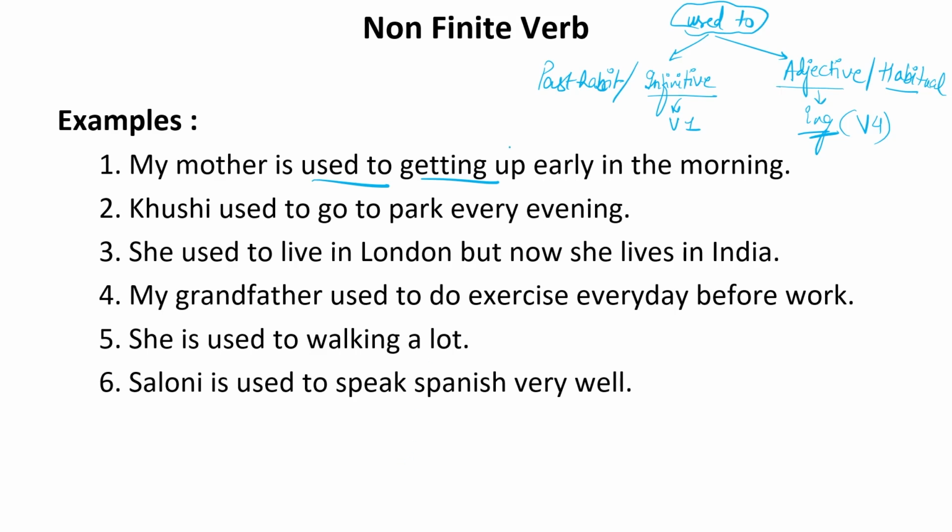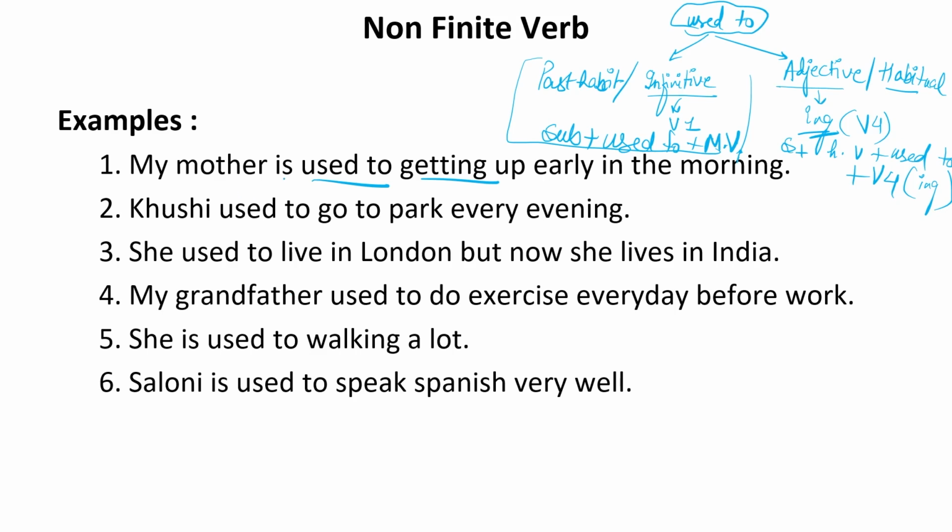The pattern followed in the infinitive case is subject plus used to plus main verb, which should be the first form of verb. But in this case, we have subject plus helping verb plus used to plus verb fourth form. This means the ing form.